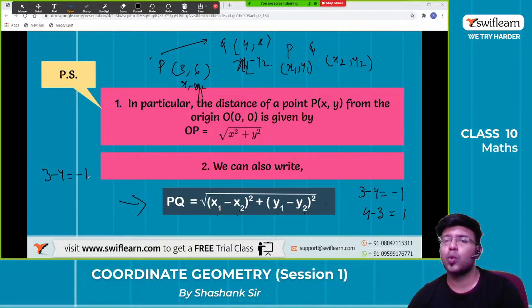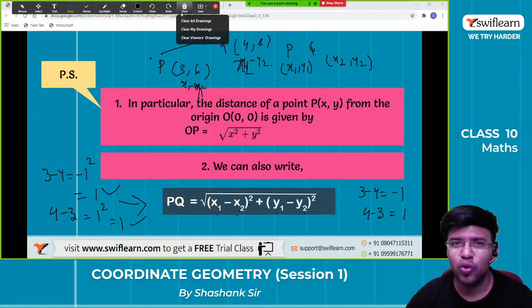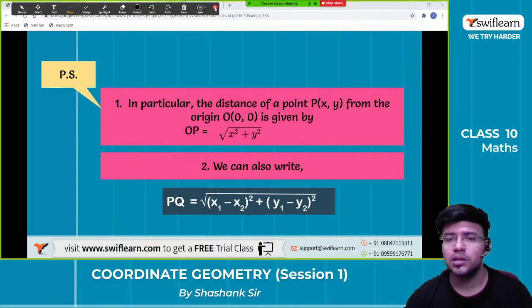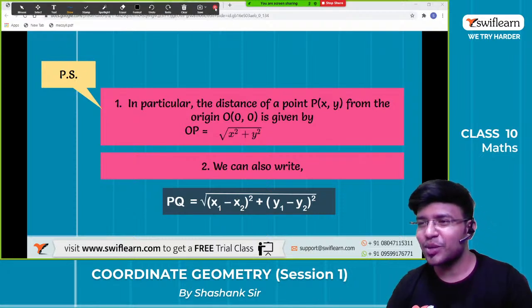It is minus 1. Then its square is 1. Now do x2 minus x1. 4 minus 3 is 1. Its square is also 1. You got the same answers. So you can use this formula also. Yes. All these things learned today.